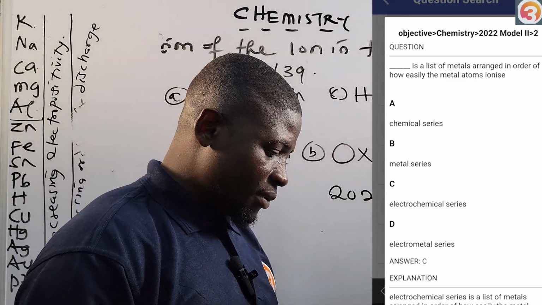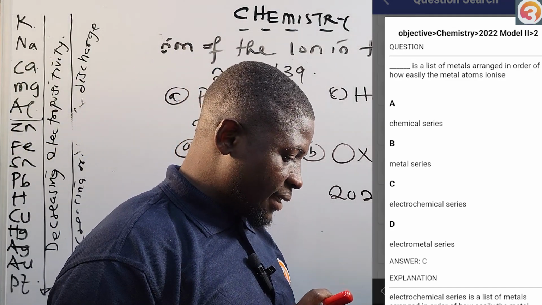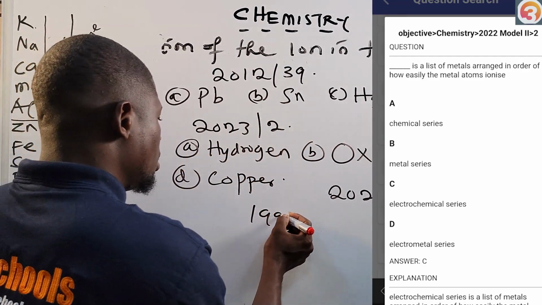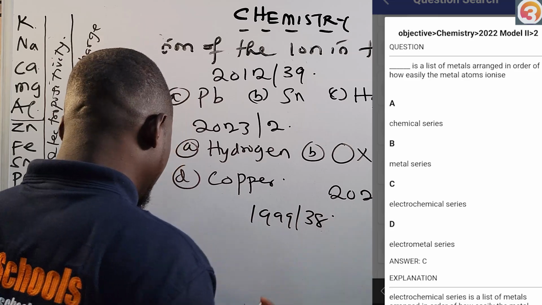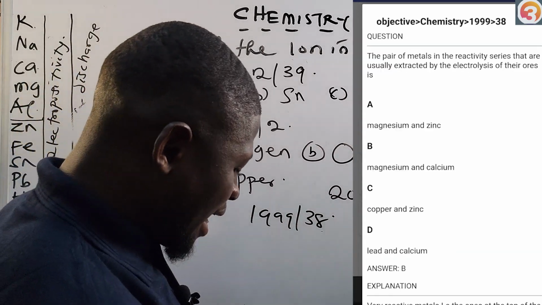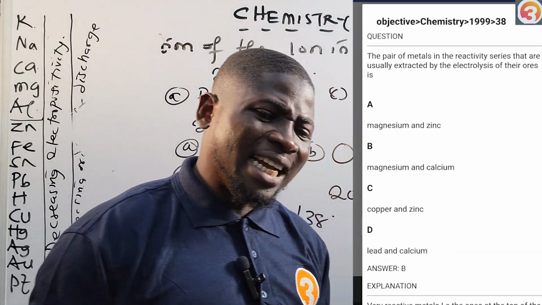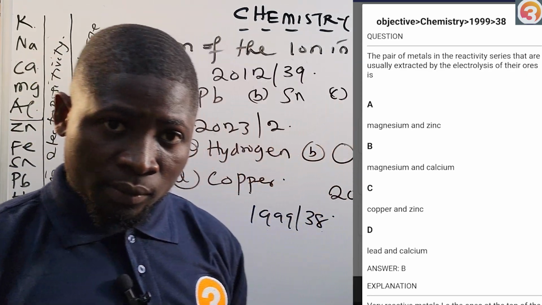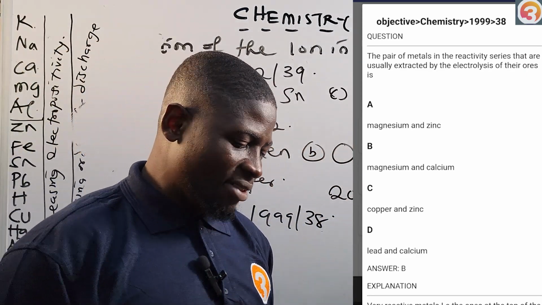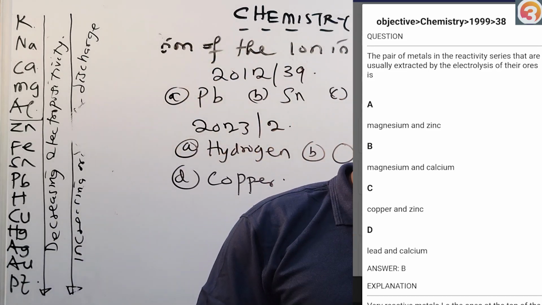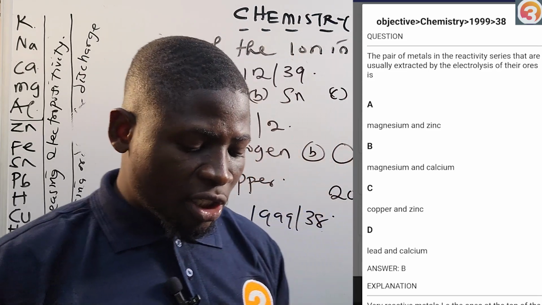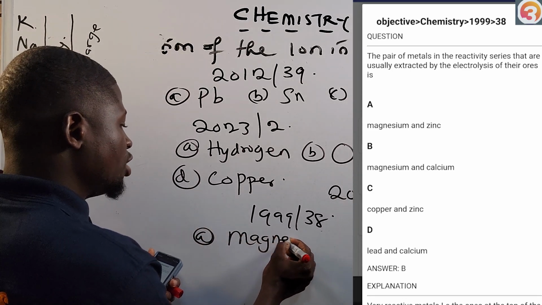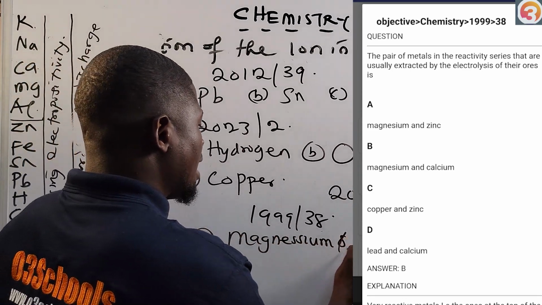All right. Now let us also look at a 1999 question, number 38. We're told the pair of metals in the reactivity series that are usually extracted by the electrolysis of their ores. You can see here we are given magnesium and zinc.